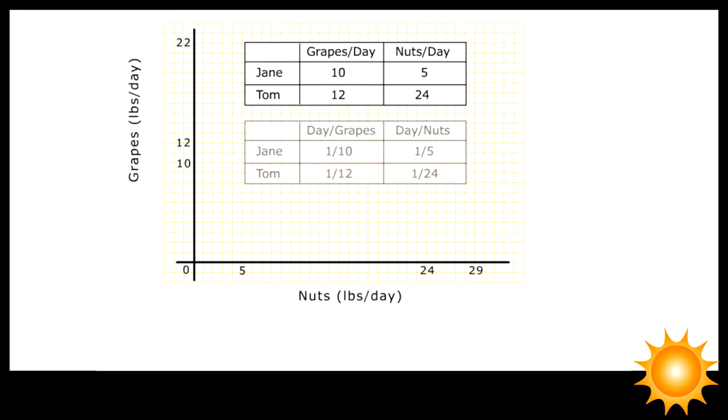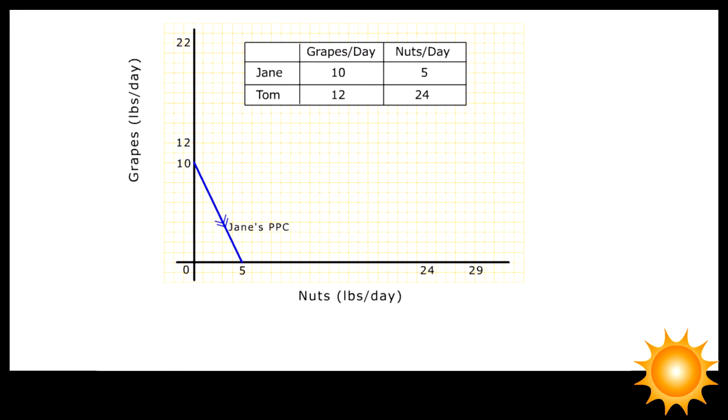Jane can produce a maximum of 10 pounds of grapes or 5 pounds of nuts per day. Her linear production function is a straight line connecting the vertical and horizontal intercepts. This function shows the various combination of grapes and nuts that Jane can produce in a day.